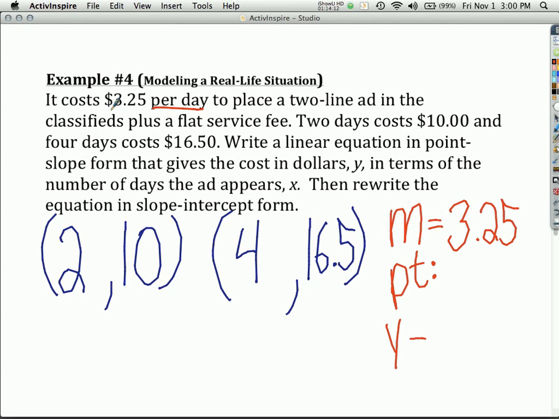Think about slope-intercept form. The slope always gets multiplied by something. Then what gets added on? The flat fee is what you pay once. That's why the word flat is there. You pay it once. Okay? But in this question, we don't know what the flat fee is. Okay? So we are able to extract the information we need, and now we can write the equation.